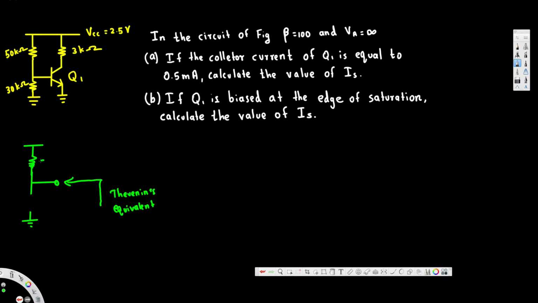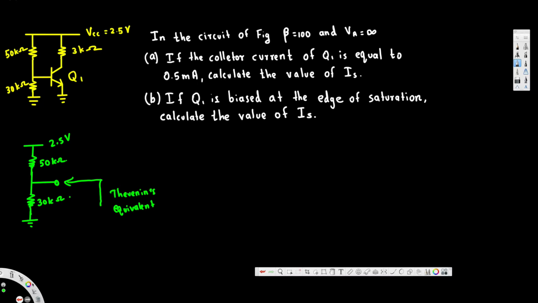This is 50 kilo ohm and this one is 30 kilo ohm, and here we will have 2.5 volts, and that's it.